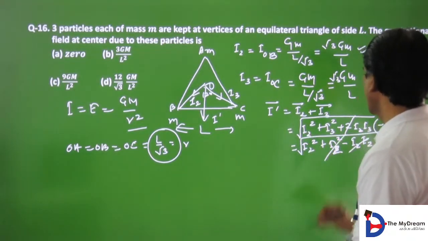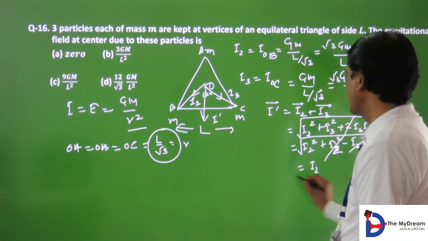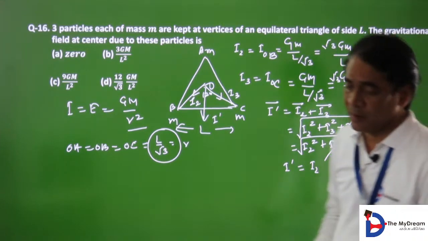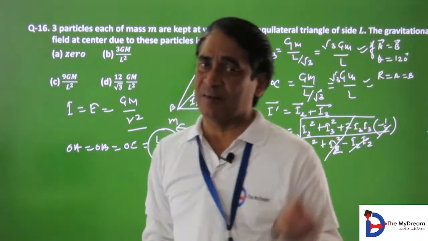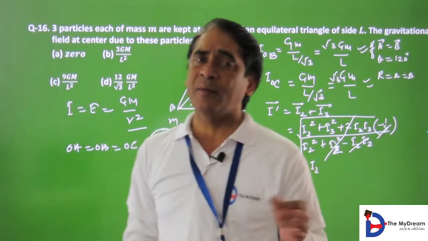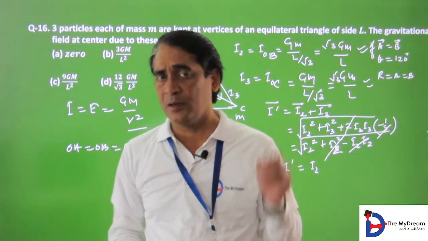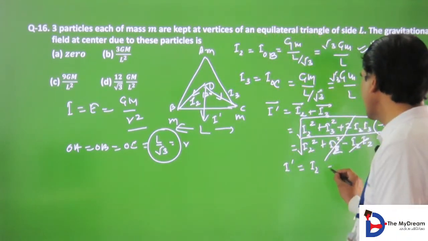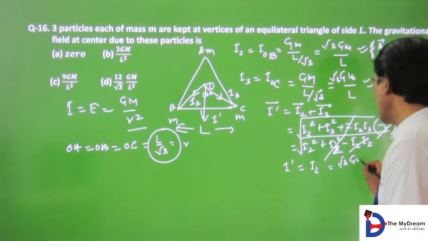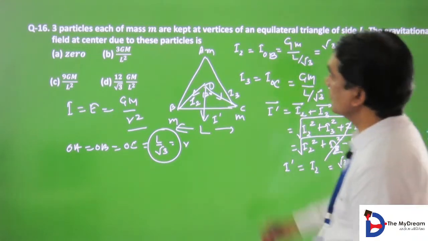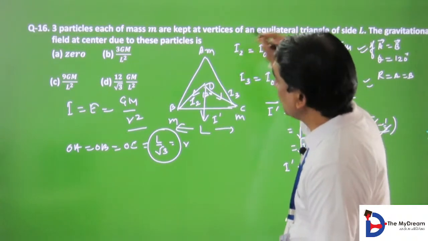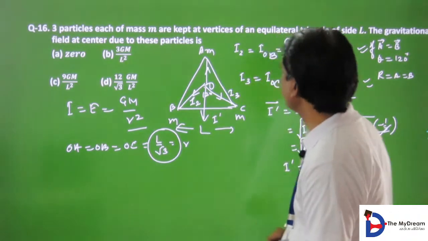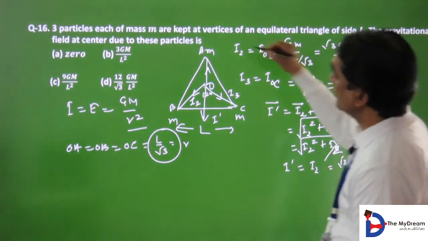So it will become I2. As I told you before, if vector A is equal to vector B, and the angle between vector A and vector B is 120 degrees, then the resultant must be equal to either A or B. That is under root 3 Gm by L. Now, intensity at O due to A, the arrow will be upward, and this is the same.